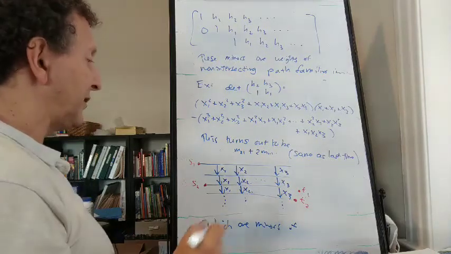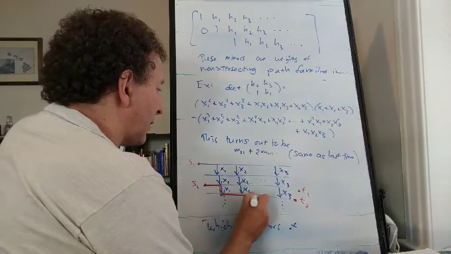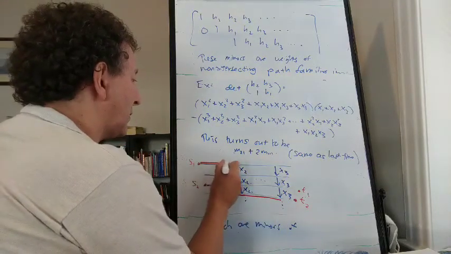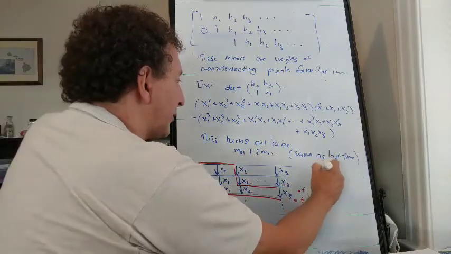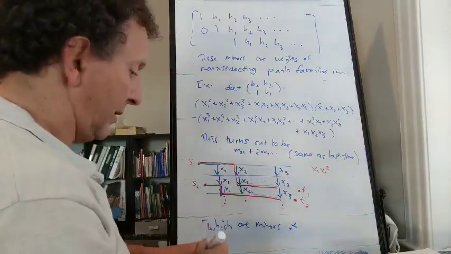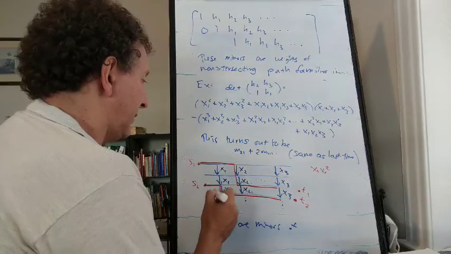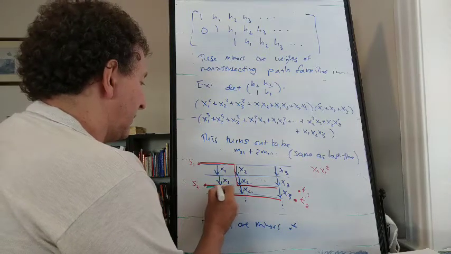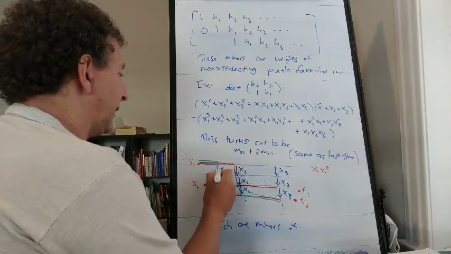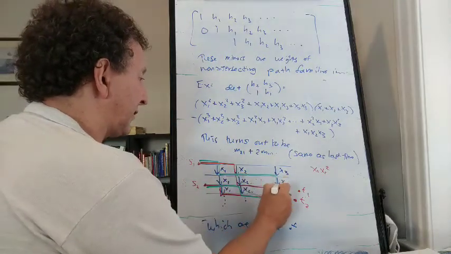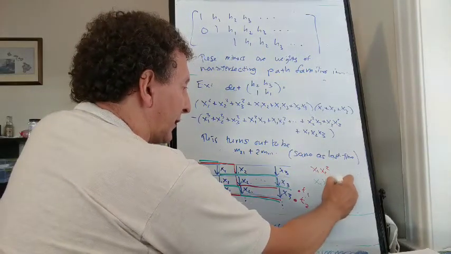So if we look for some non-intersecting paths, so here's one. That has weight x1 x2 squared. And another one is, you can take the x2 edge here, and then maybe the x1 and x3 edges there. Those don't intersect, so that has weight x1 x2 x3.